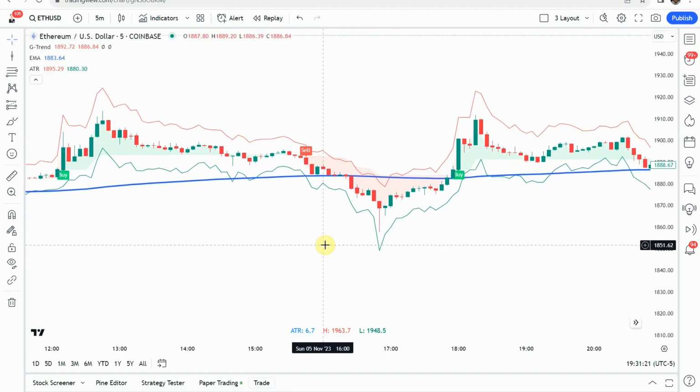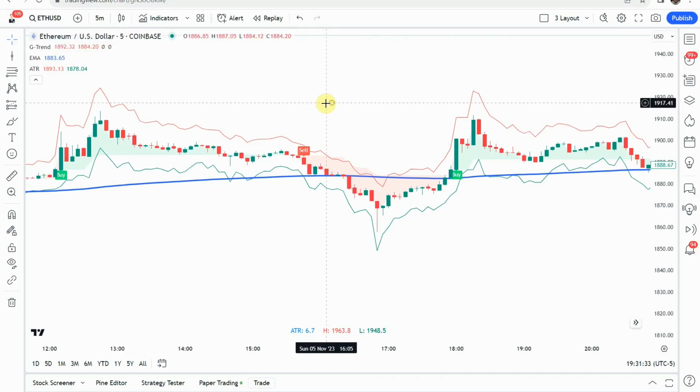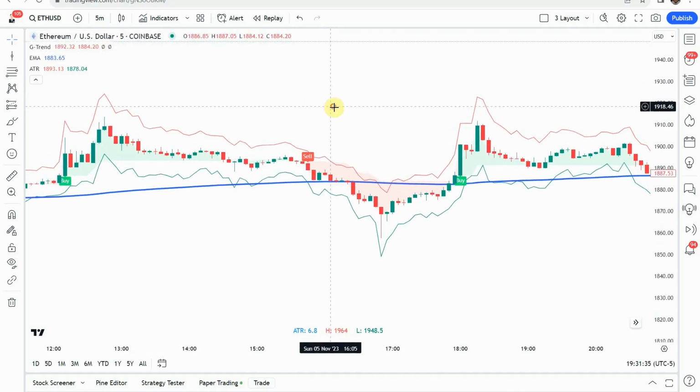In the source video, they showed it on Ethereum versus the USD, again on the 5-minute chart. And the strategy itself consists of two different indicators.